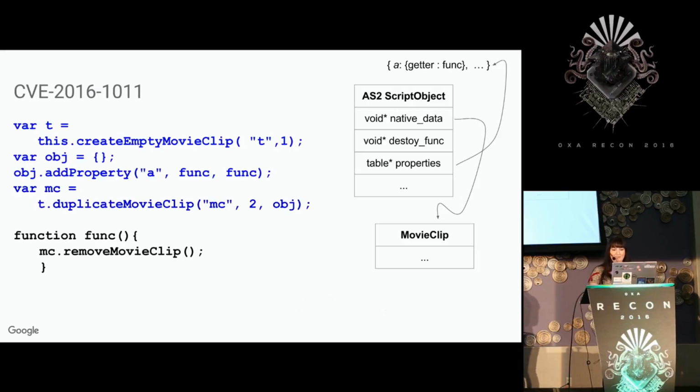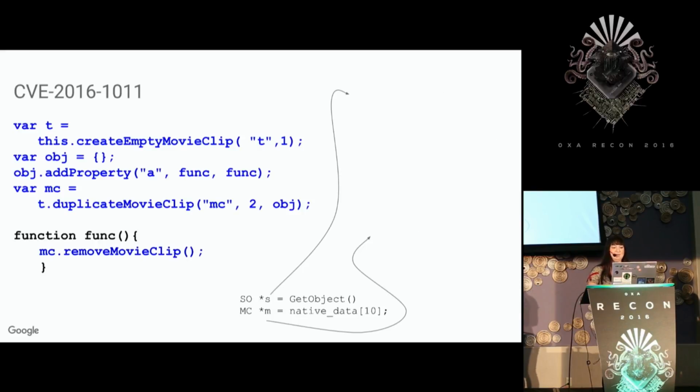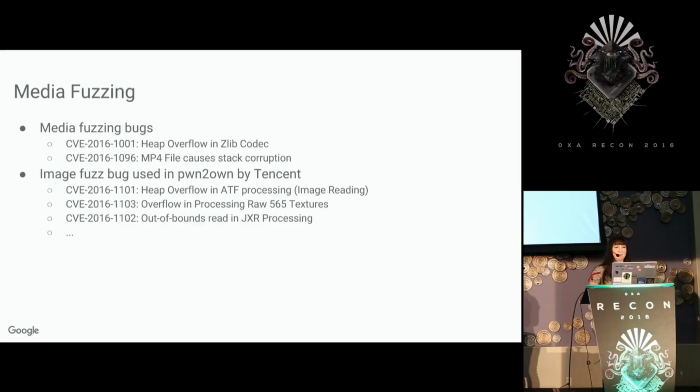Like in the other example, it creates pointers to this, and then it will trigger the getter or the setter when it calls this method. When you create the movie clip, the object is used to set its properties, so it runs through every property and tries to copy it, which is what triggers the getter. And then you can use that to delete the movie clip, and then once again you have this use after free situation.